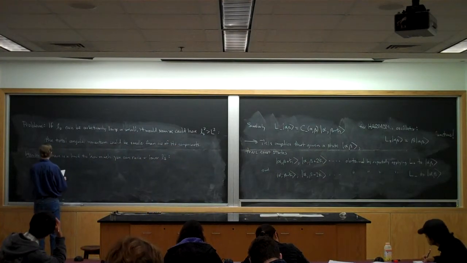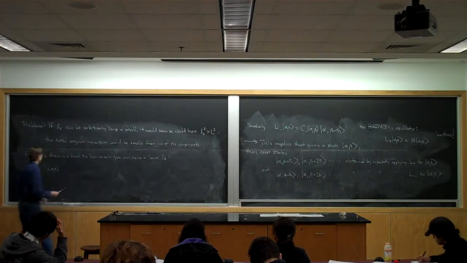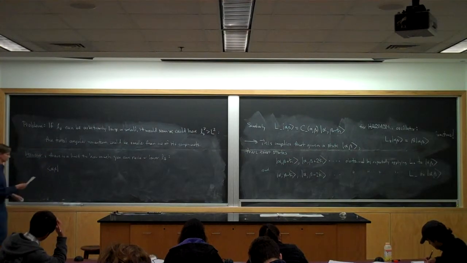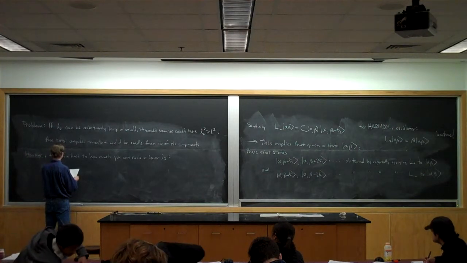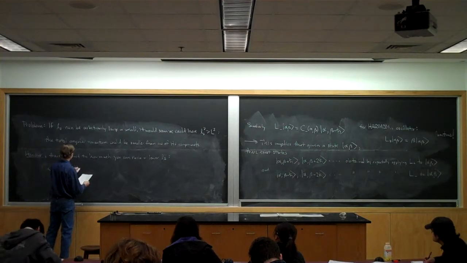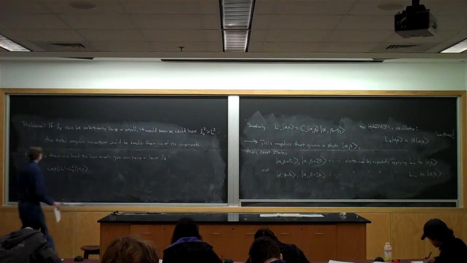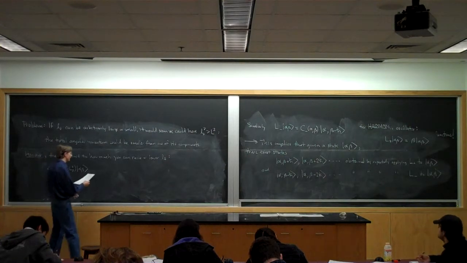Because, consider the following. Take this inner product: alpha beta, inner product L squared minus LZ squared, alpha beta. So sandwich L squared minus LZ squared between the bra alpha beta and the ket alpha beta.